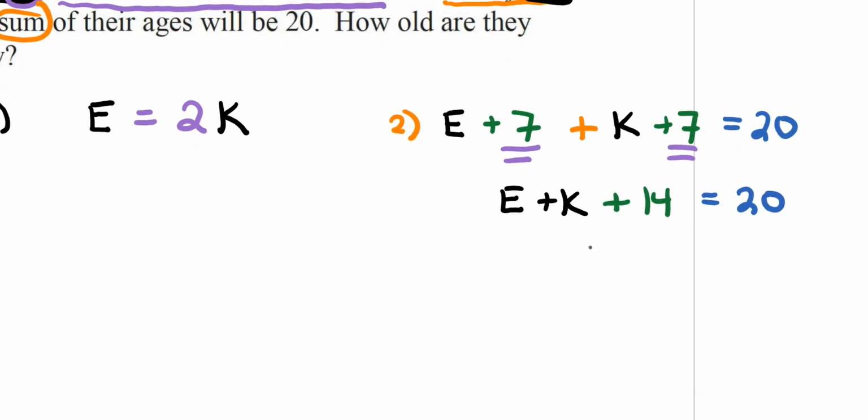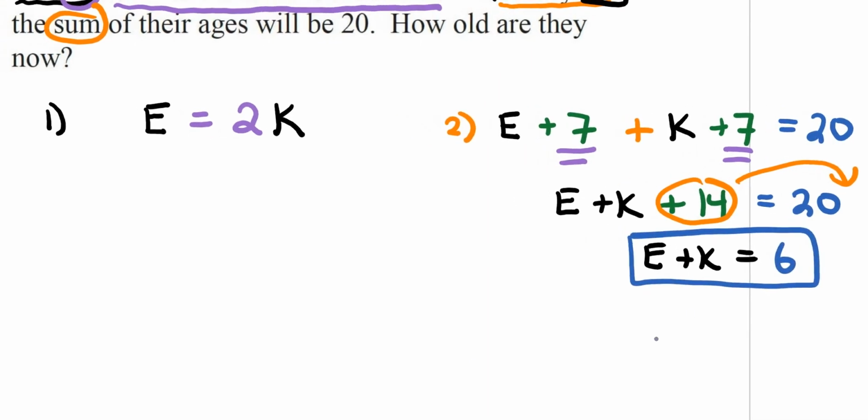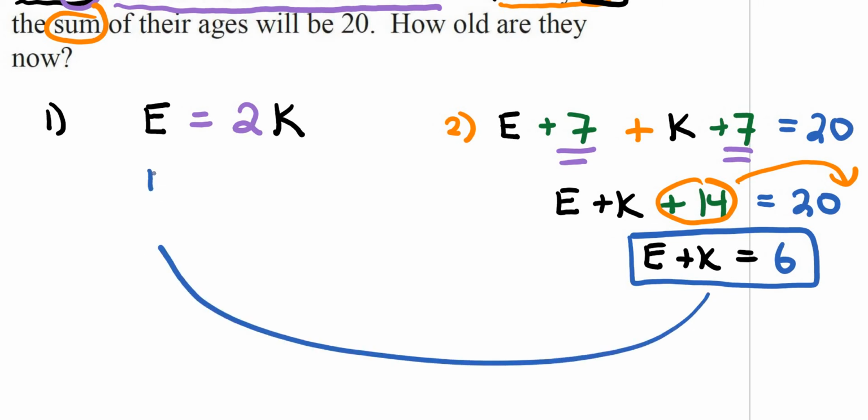Bring the 14 over to the right-hand side: 20 minus 14 is 6. So there is my second equation: E plus K equals 6.